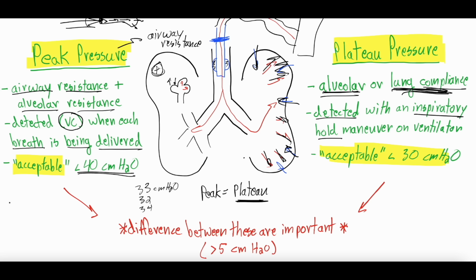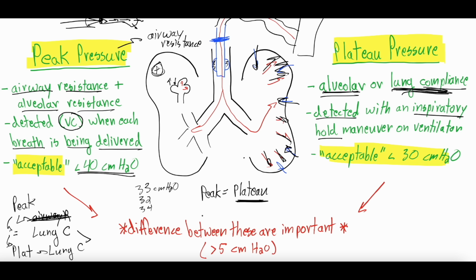Right? Does that make sense? So if the peak pressure is proportional to airway resistance, right, we'll just say airway R, and lung compliance, lung C, and we're saying the plateau pressure is proportional to lung compliance, if the peak equals the plat, that just means that all the peak pressure is lung compliance and the airway resistance is not contributing.